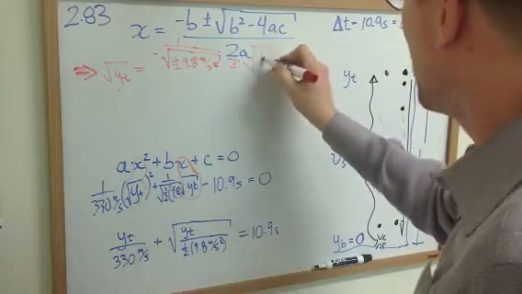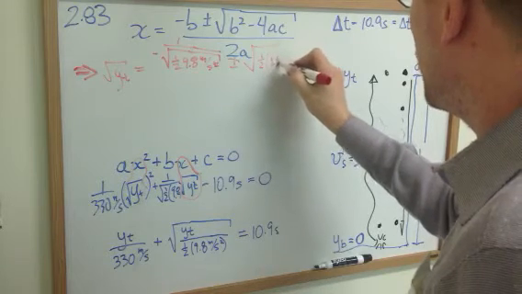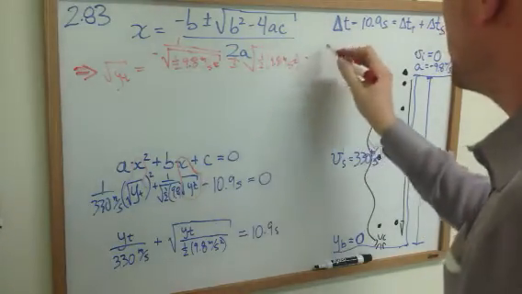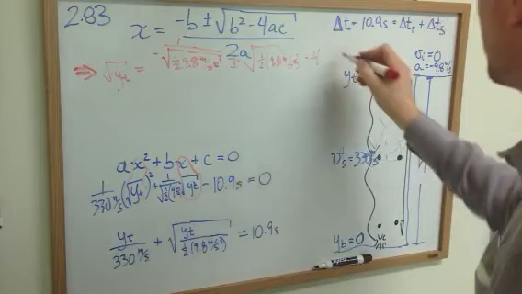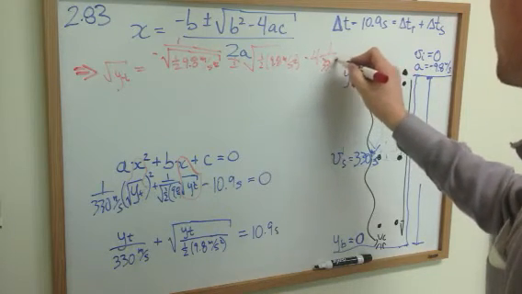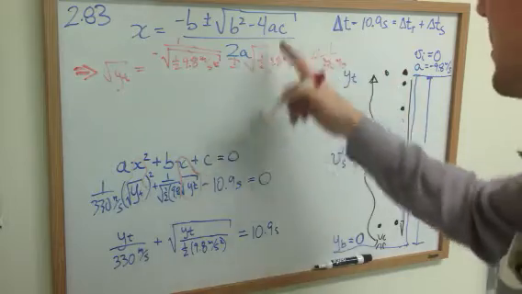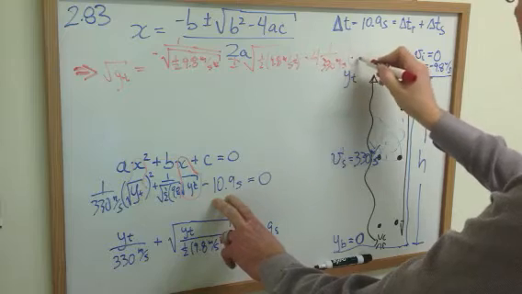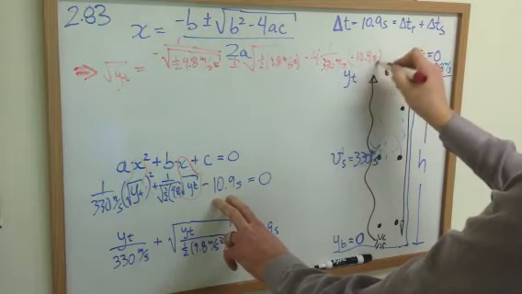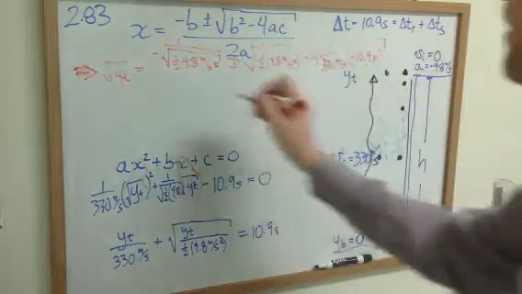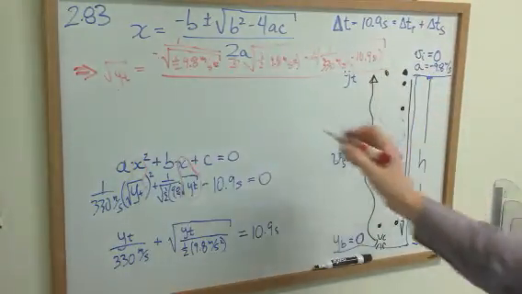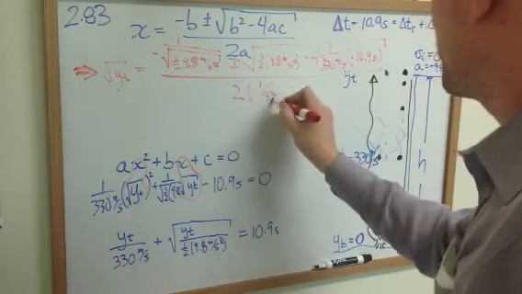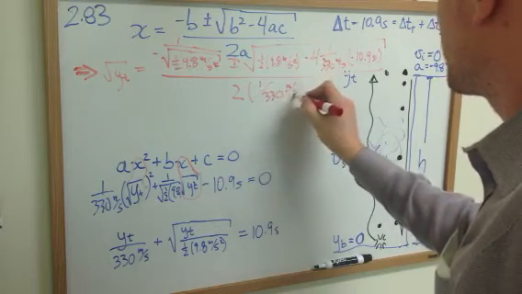B squared is 1/2 9.8 meters per second squared, minus 4ac. A is 1 over 330 meters per second. C is negative 10.9 seconds. All over 2a. A is 1 over 330 meters per second.